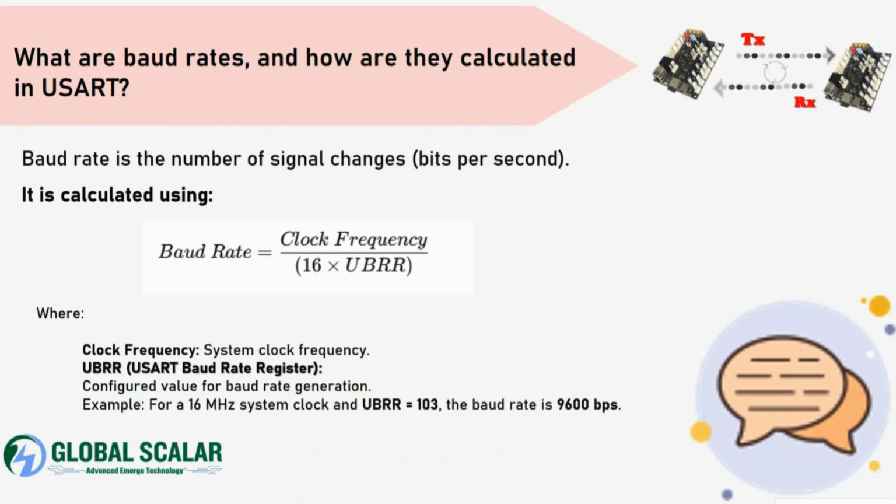For example, with a 16 megahertz clock and a USART baud rate register value of 103, we are able to operate at 9600 bps, bits per second.